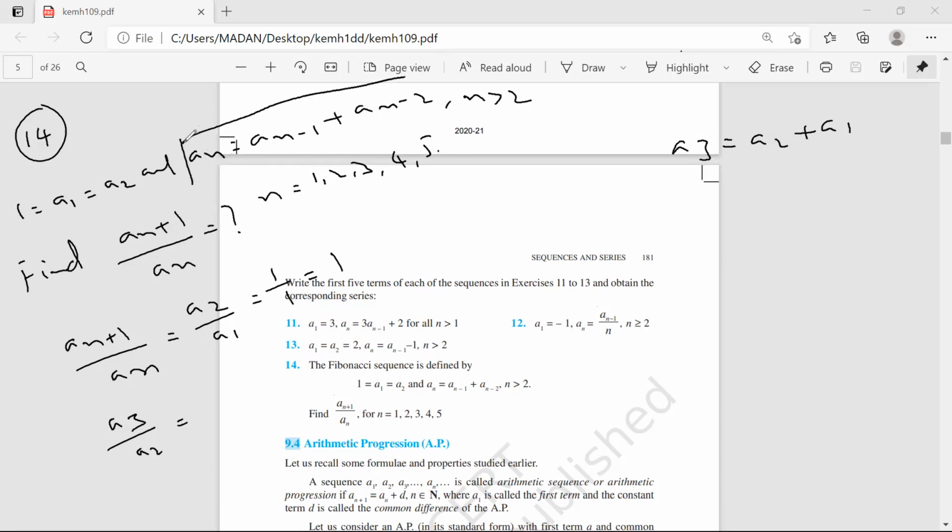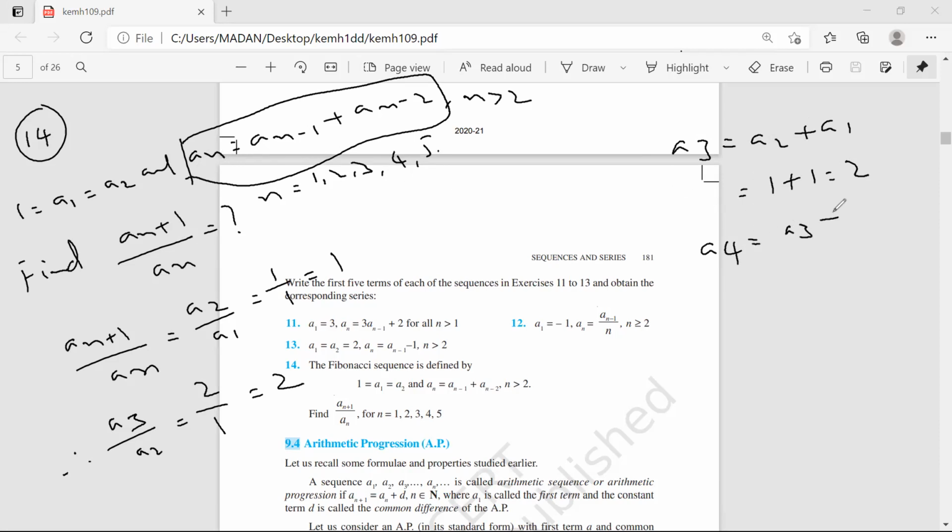A3 is equal to A2 plus A1. A2 is 1, A1 also 1, so A3 is 2. Suppose you want to find A4.